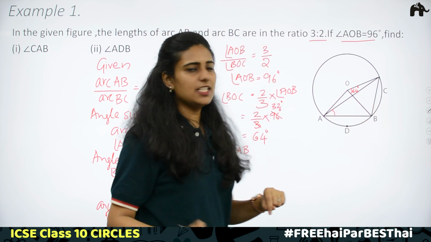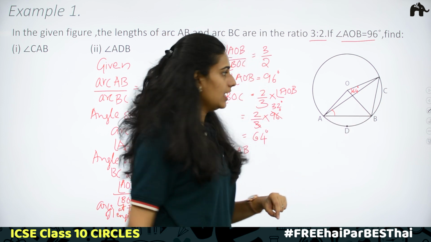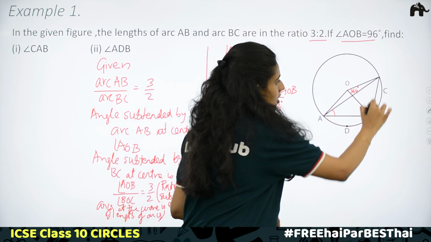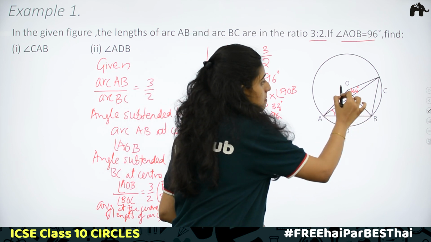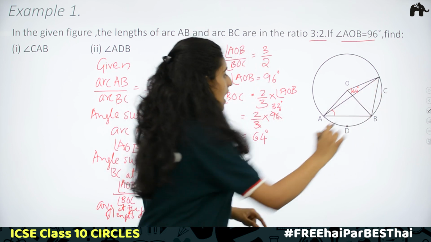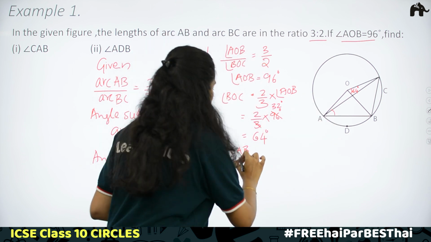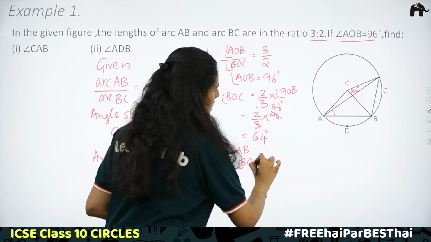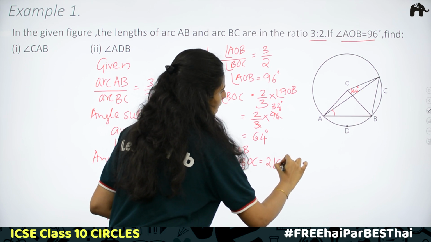CAB. Is there any relation between BOC and CAB? Here when you take this arc or chord BC, BC subtends angle BOC at the center and BAC on the circumference of the circle. We have angle BOC is 2 times angle CAB.